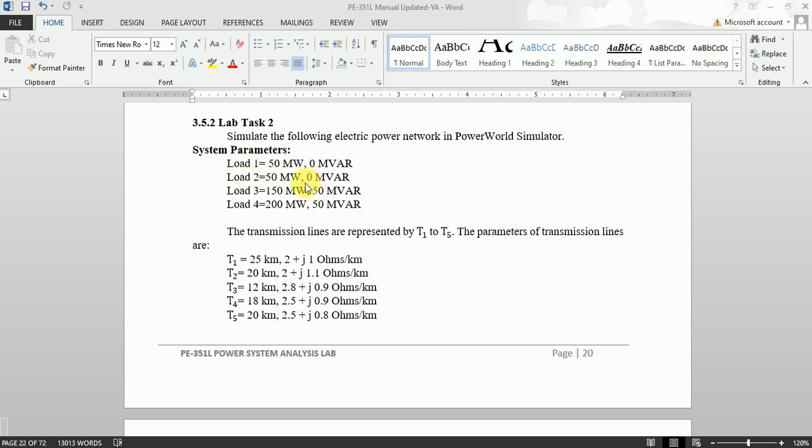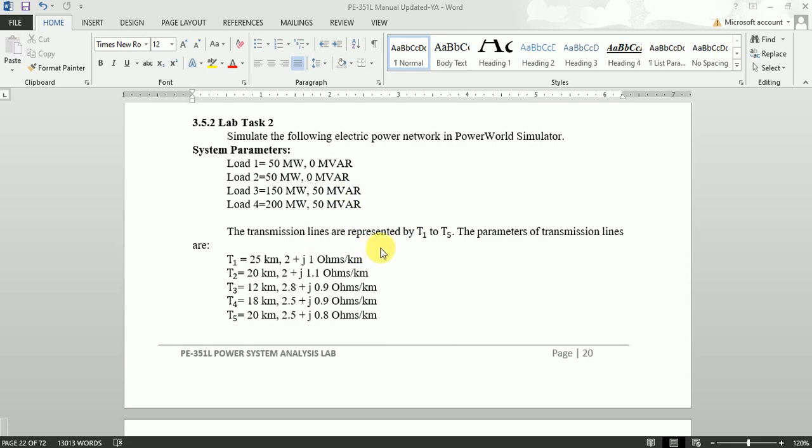Load number 1 and 2 are identical, which are resistive loads. Load number 3 and load number 4 have active power of 150 and 200 megawatts, while the reactive power is 50 megawatts.